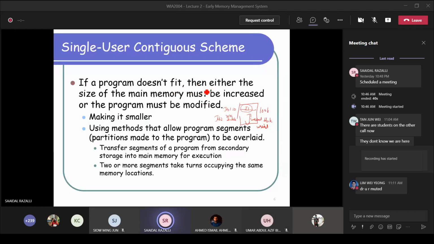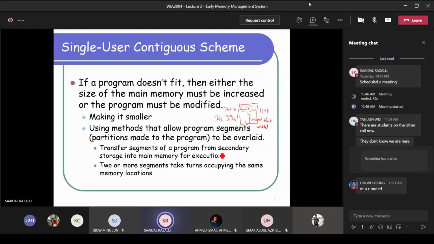So either the size of memory must be increased or the program must be modified, making it smaller, using methods that allow program segments, partitions made to the program, to be overlaid. You can do that by transferring segments of the program from secondary storage into main memory for execution. Secondary storage means your hard disk, CD, who uses CD?